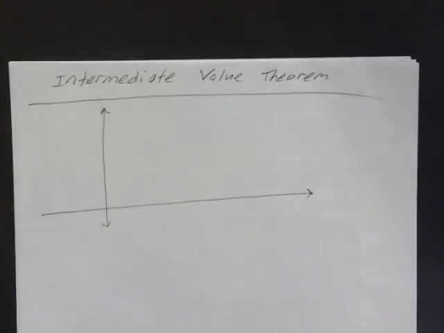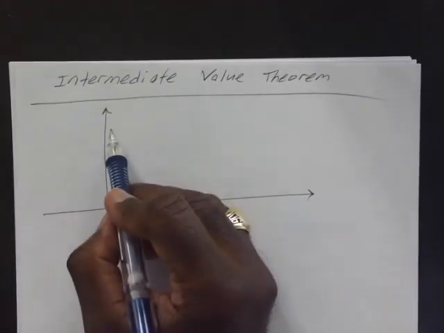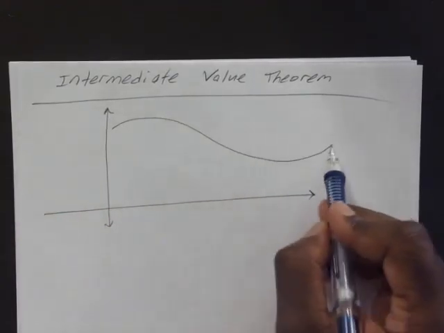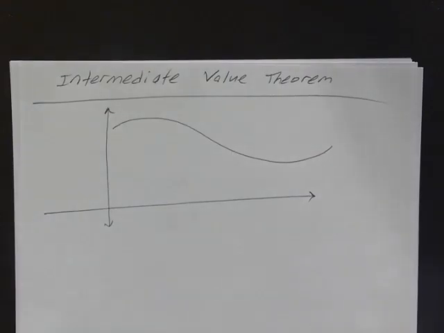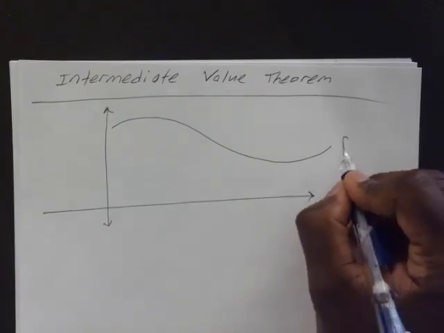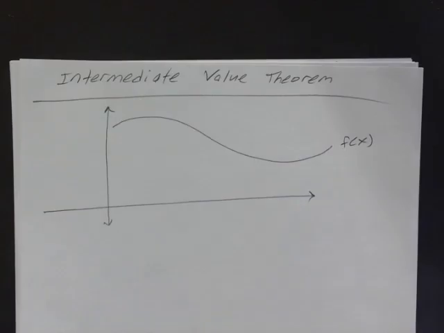All right, so let's say if you have a function, and we'll just put any random function. And this is our function f of x.